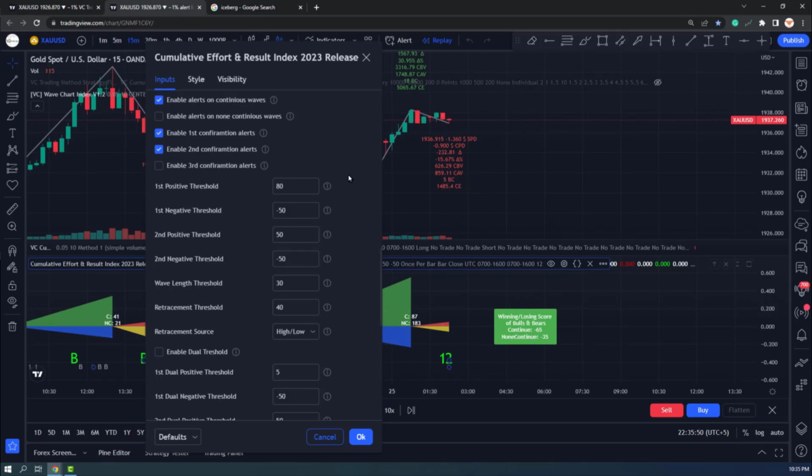Just like you see here, the minus 65 is more than minus 50. That's why the second confirmation is showing here.